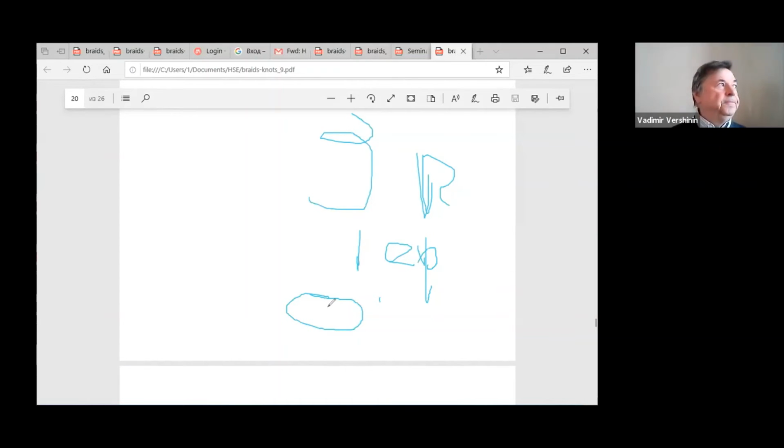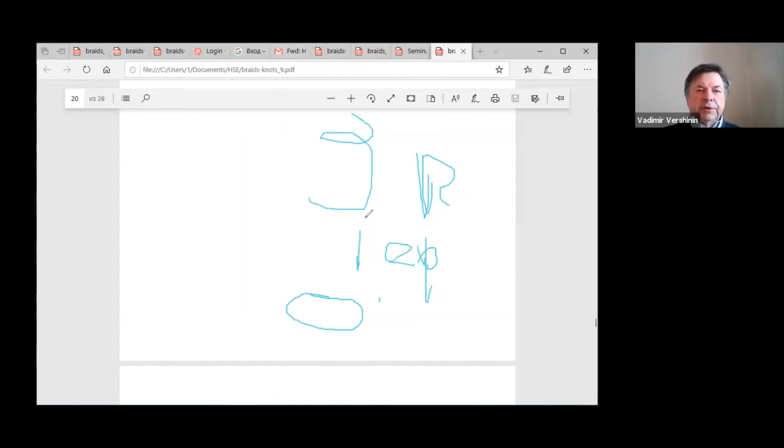Usually, the standard one is exponent of 2πi φ, anything.